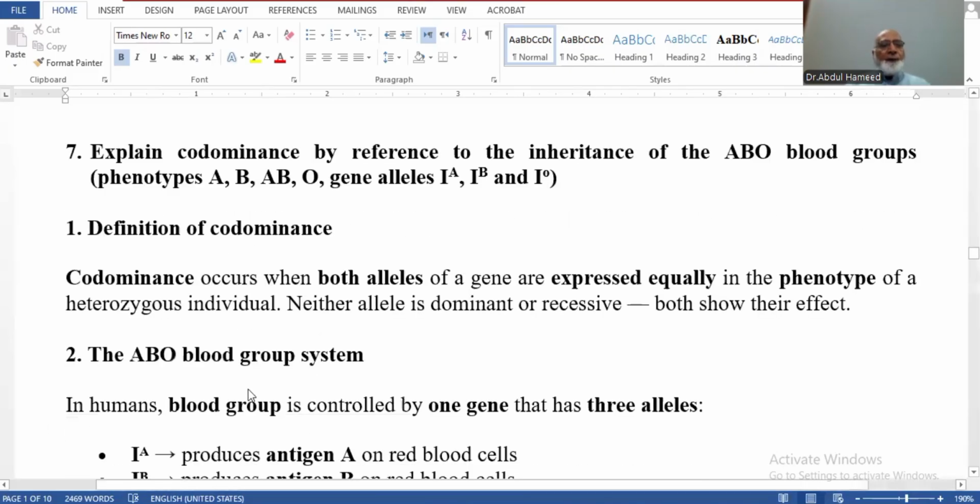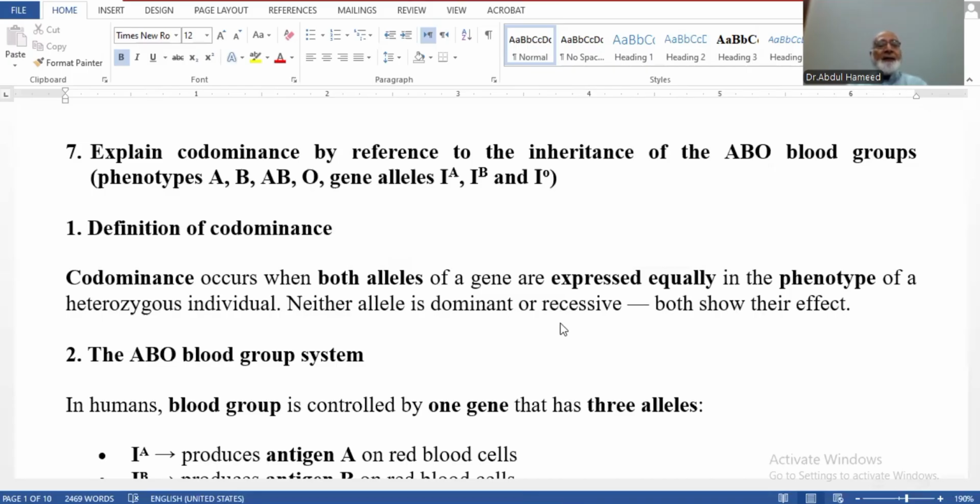So the definition of codominance: codominance occurs when both alleles of the gene are expressed equally in the phenotype of heterozygous individuals. Neither allele is dominant or recessive, both show their effect. It means that in the case of a hybrid individual, both are equally expressing themselves and the phenotype is entirely different.